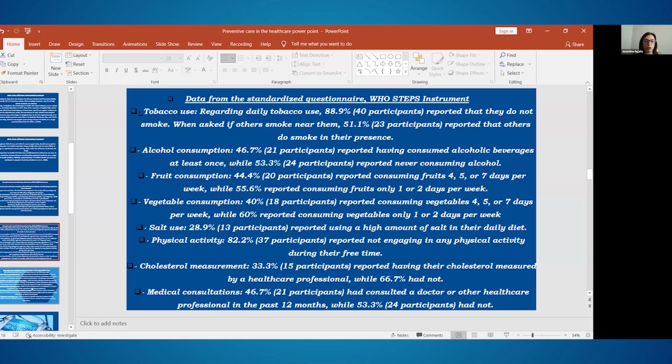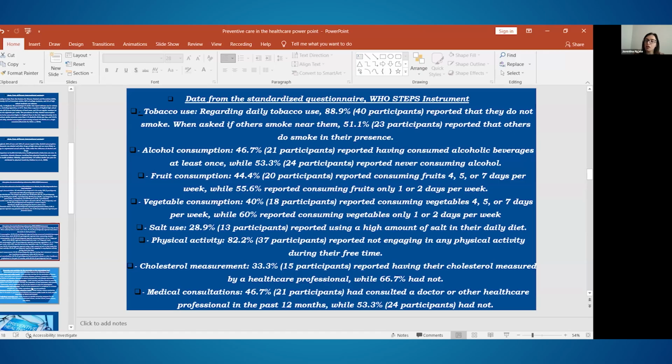About the use of salt in daily food, about 29% reported using a high amount of salt. Physical activity, and this is a global problem, as I mentioned before. Most of the participants, about 82%, reported not engaging in any physical activity in their free time.